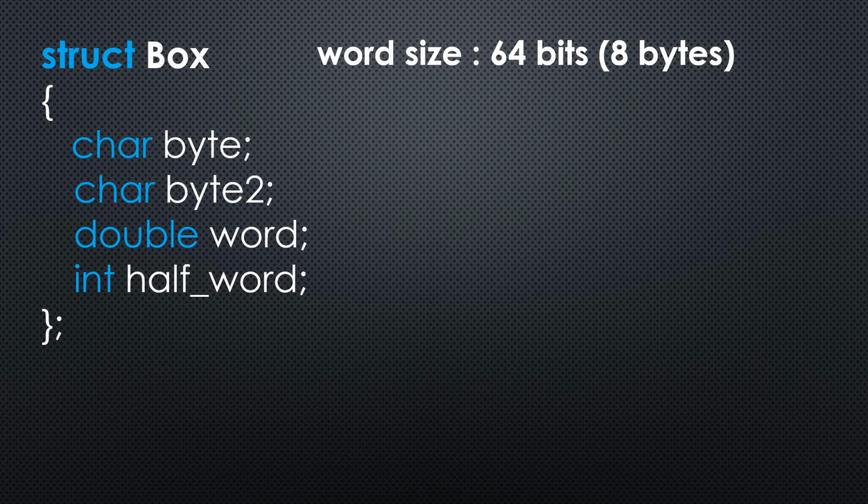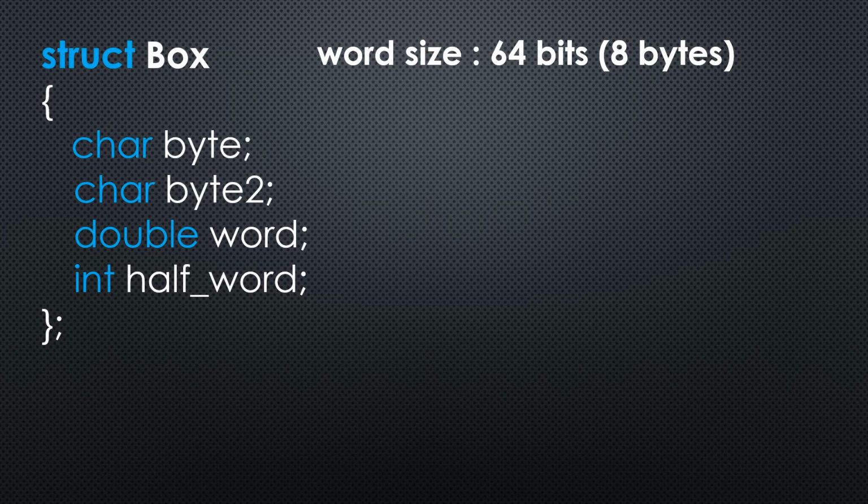Now let's take another example. Here we have char and another char and then double and then integer. Here we have assumed that char has 1 byte and double has 8 bytes and integer has 4 bytes, right? So the compiler will first allocate one word, and in that word the first two chars can easily fit, and they will consume 2 bytes of memory of that word, and we will be left with 6 bytes.